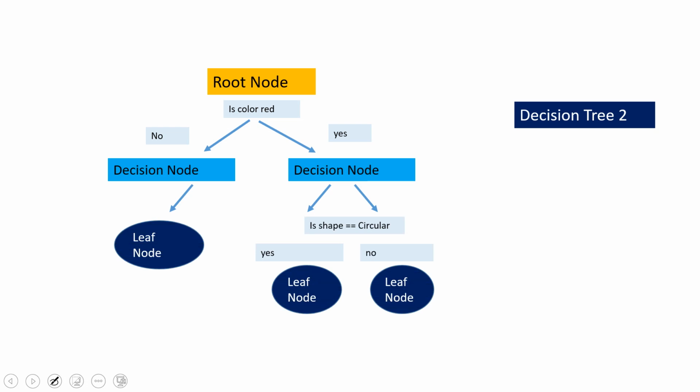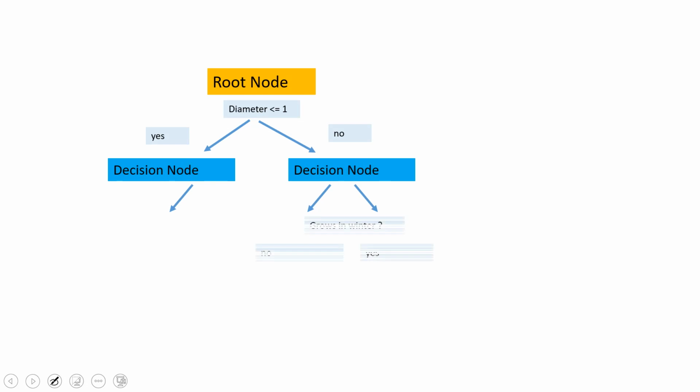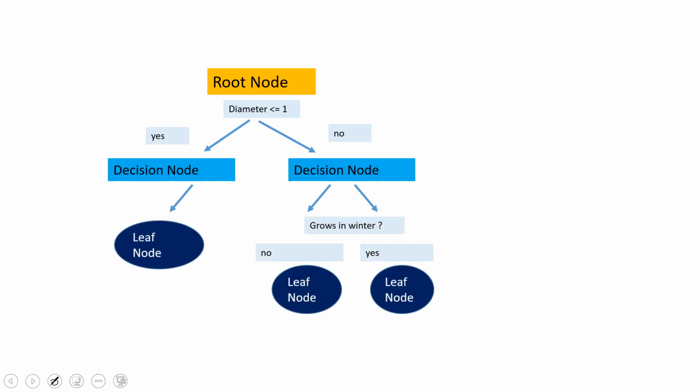Now obviously it will be a completely different decision tree over here. So far we have used two decision trees for the classification of fruits. Another decision tree we are adding on. This decision tree is based on diameter and growing season features for classification. Based on that we have made our decision as to which particular class the fruit belongs to.